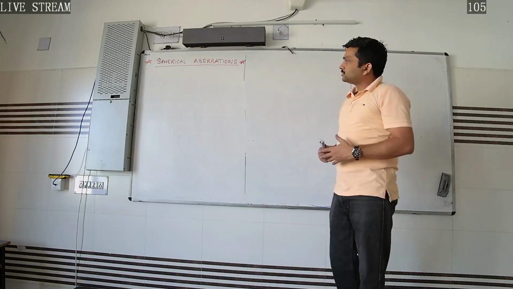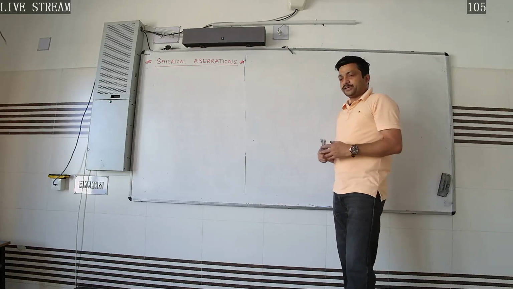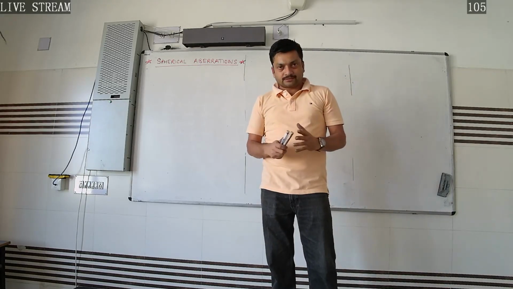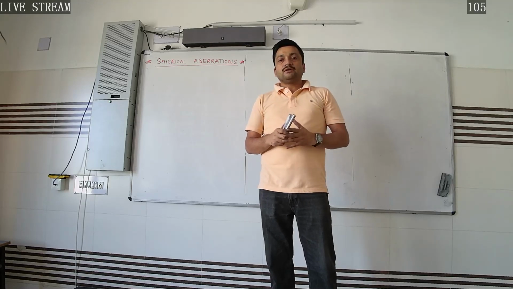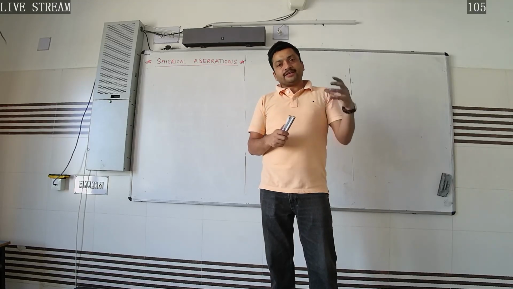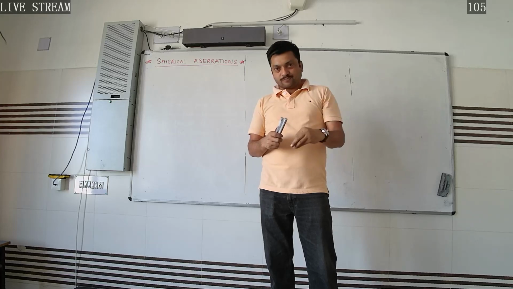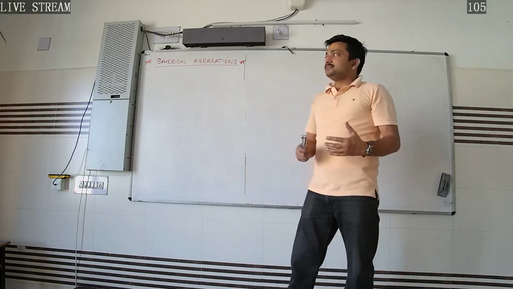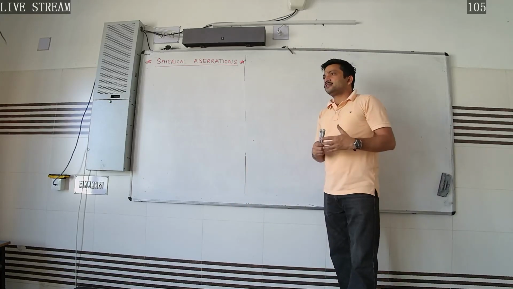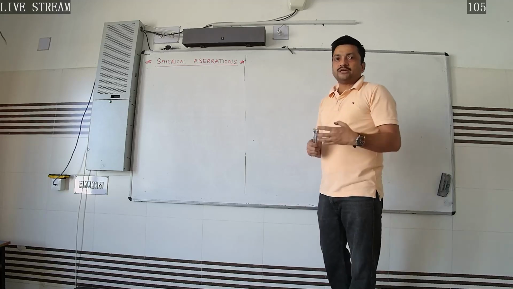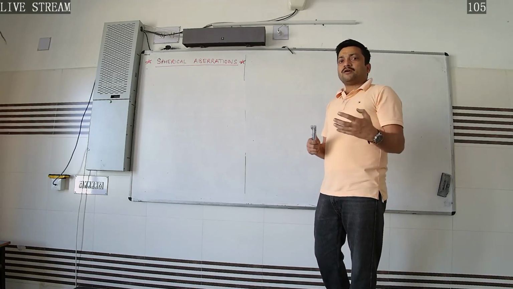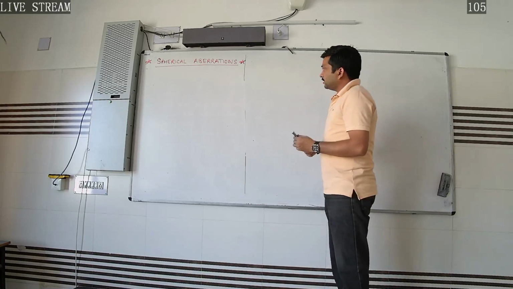Once again I am repeating, the inability of a lens of large aperture to bring the rays of light to its principal focus after refraction is known as spherical aberration. This means spherical aberration is a kind of defect which arises in lenses of large aperture.